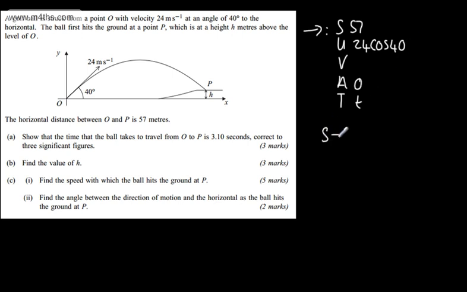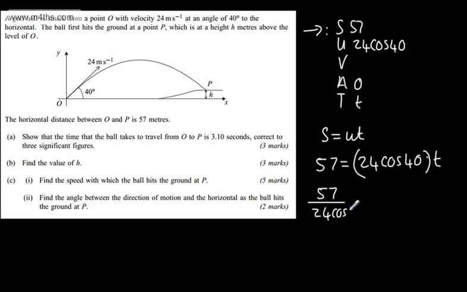From this, we know that s is equal to ut horizontally, as we've got no acceleration. So we can say that 57 will be equal to 24 cos 40 multiplied by t. So 57 over 24 cos 40 will be equal to t.